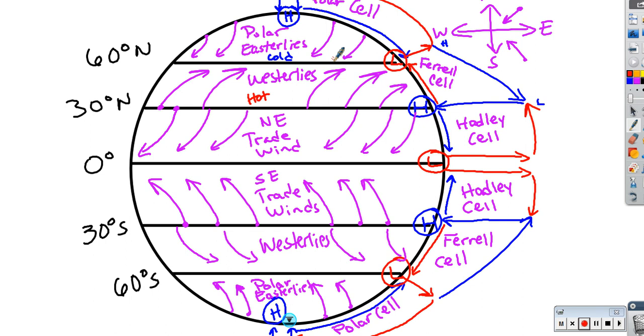So the polar front is a boundary between the warm and cold air, and that's where this air is rising here. This is what generates the jet stream, the polar jet, and the polar jet stream is what steers most of our storms around.